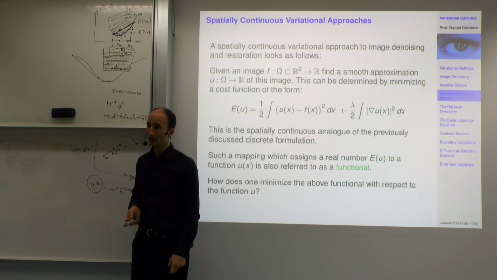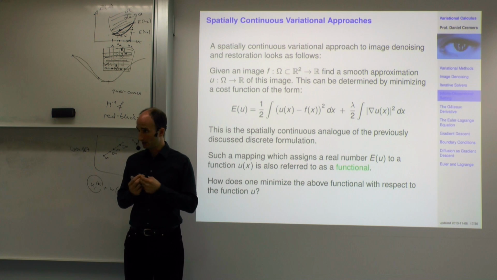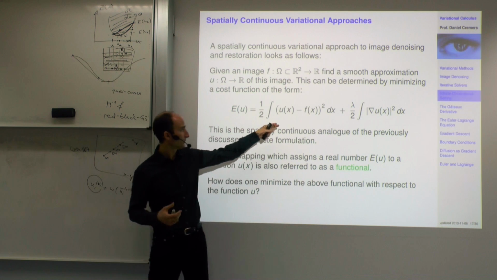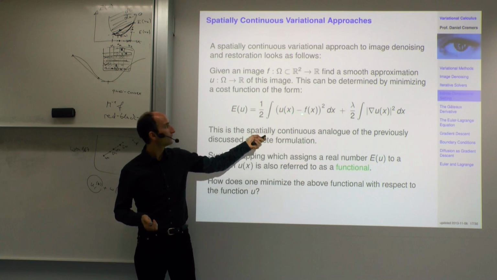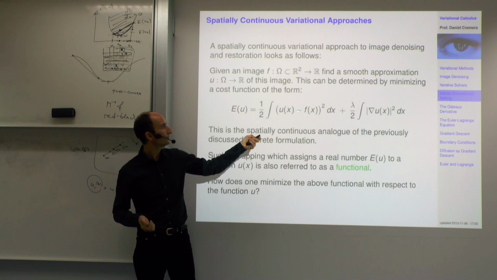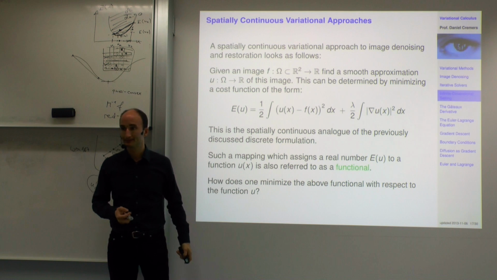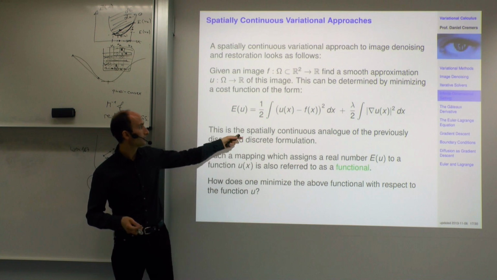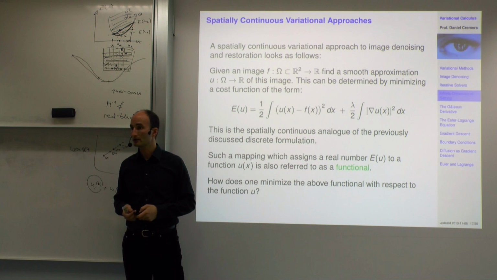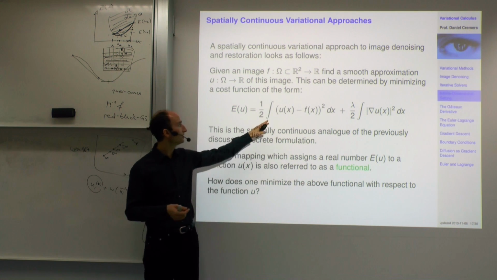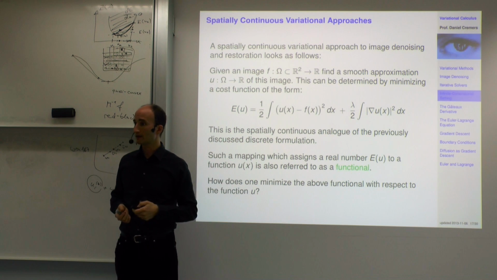The data term, we said before, for every pixel u and f should be the same or similar, and we penalized it in a least squares fashion. Here, same thing. For every pixel x, u and f should be similar in this least squares sense. And then, rather than summing over pixels in a continuous setting, we get integrals. But by now, integrals should not frighten you. It just means you're summing.